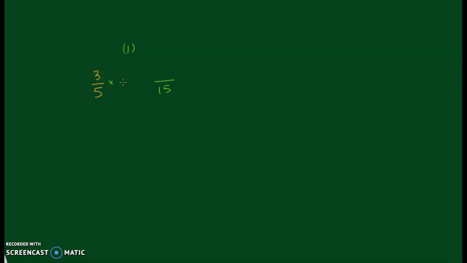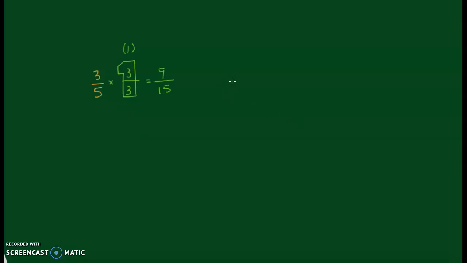Well, 5 times 3 is 15. And we've learned whatever you do to the denominator, you do to the numerator. So if 5 times 3 is 15, 3 times 3 is 9. So 3/5 is equivalent to 9/15. So I multiplied by 1. I have the same amount, just different size pieces.